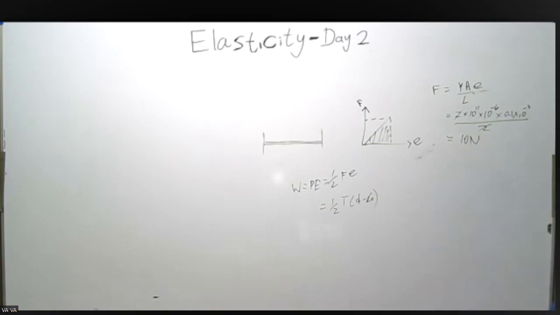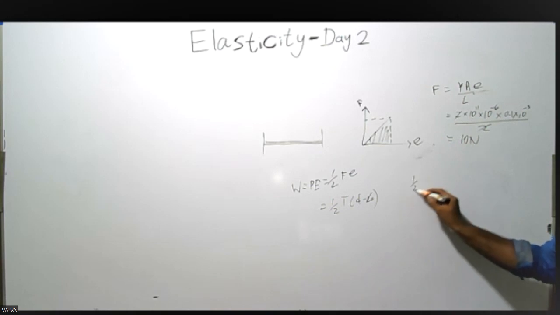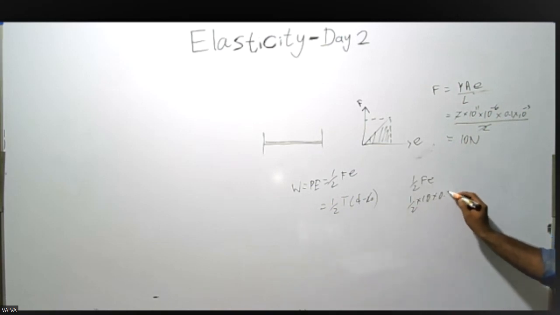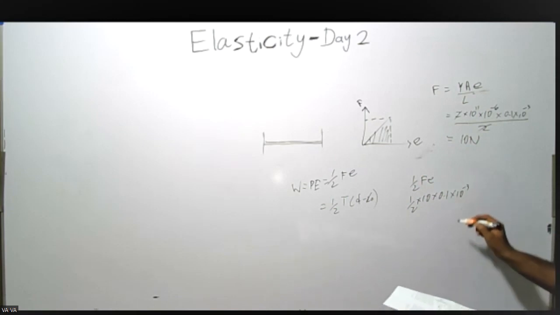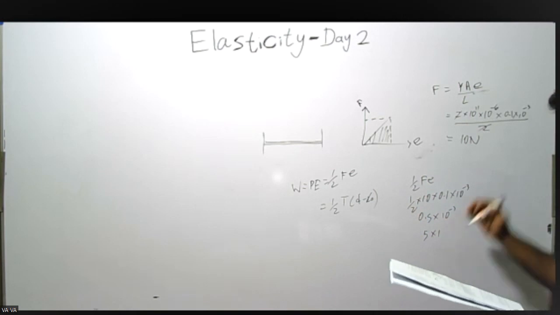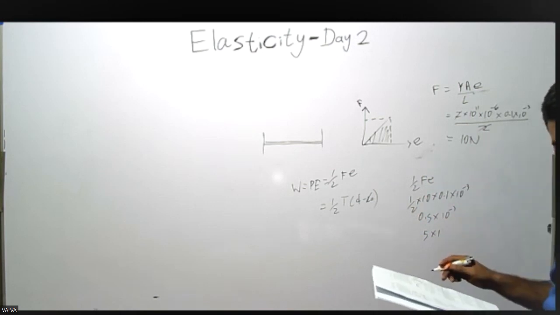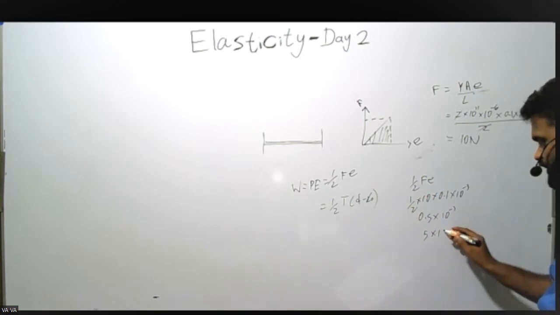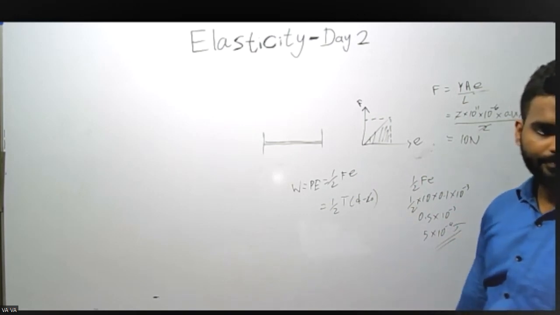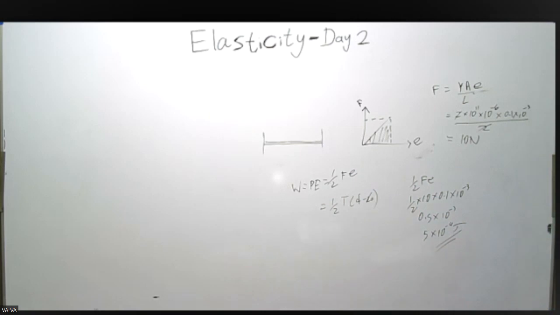Force is, I think, 10 Newton. So half F e, half force is 10, extension is 0.1 times 10 to the power minus 3. Isn't it the second one? No, not the second one. Fourth one, right? 5 times 10 to the power minus 4 joules. So that's the fourth one.